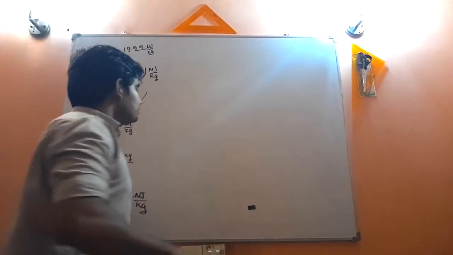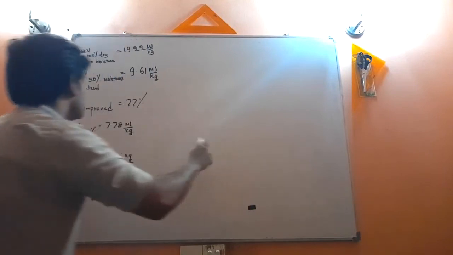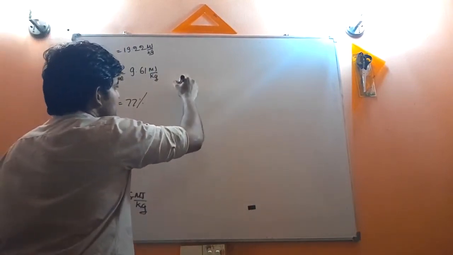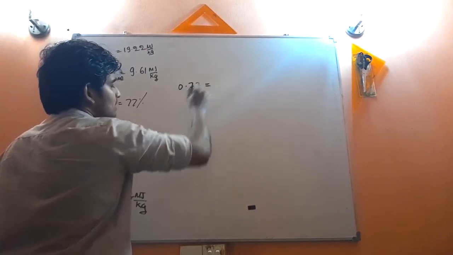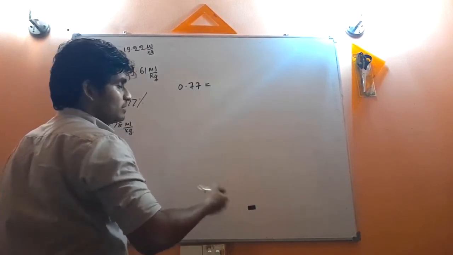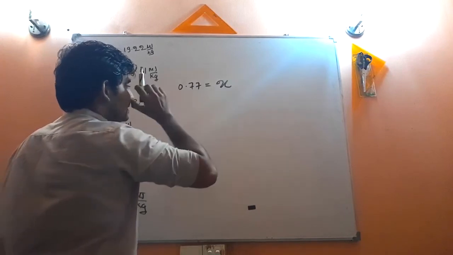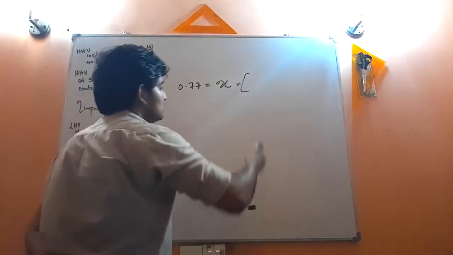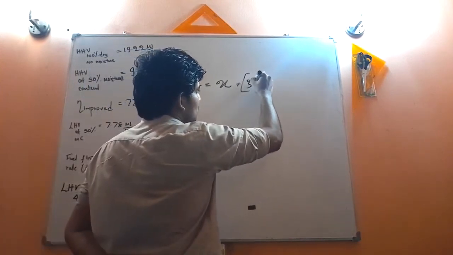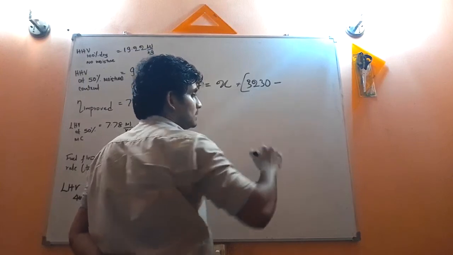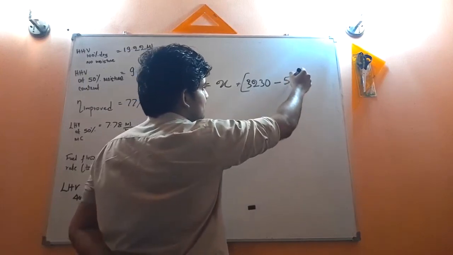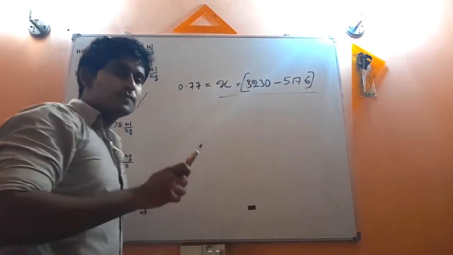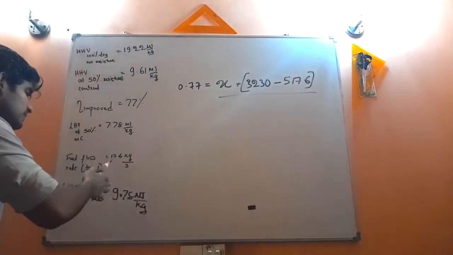Now what is the improved boiler efficiency? That is 77%, which means 0.77. The new steam flow rate, that is X, you don't know that, multiplied by the enthalpy of steam, 3230, minus the enthalpy of feed water, 517.6. And what is the new fuel flow rate after the improvement of the fuel quality?